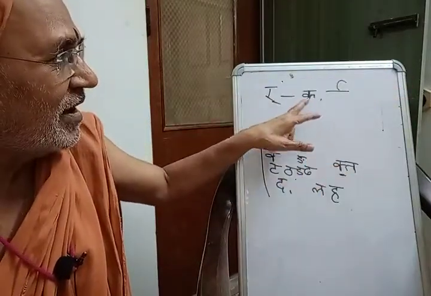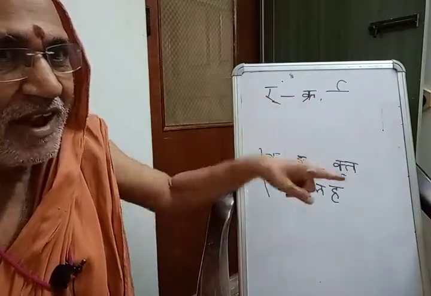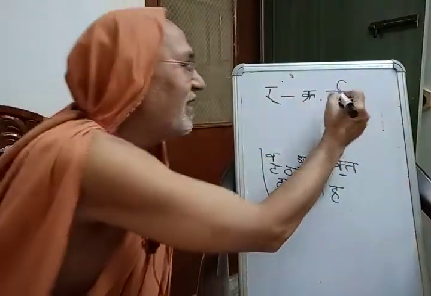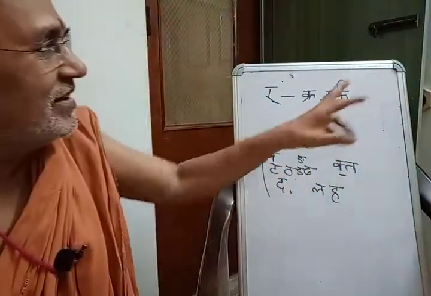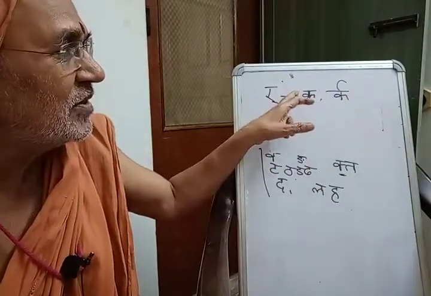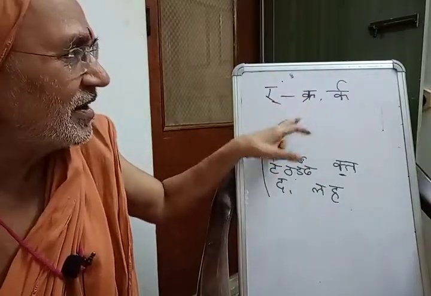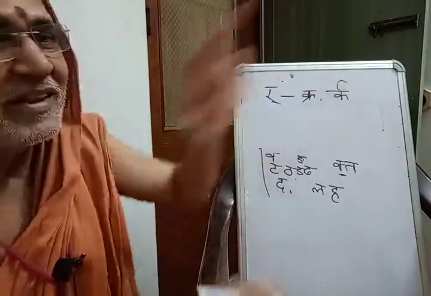See here in chakra, ka is pronounced first and ra comes later. Ka, ra, chakra. Here arka. In the pronunciation there is a difference. Here ra comes first and ka is pronounced later. Here ka is pronounced first, ra is pronounced later. Chakra, here arka. So that ra has got two forms. One is below, another is up.